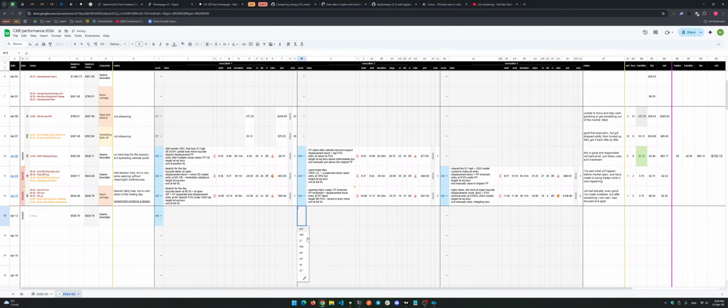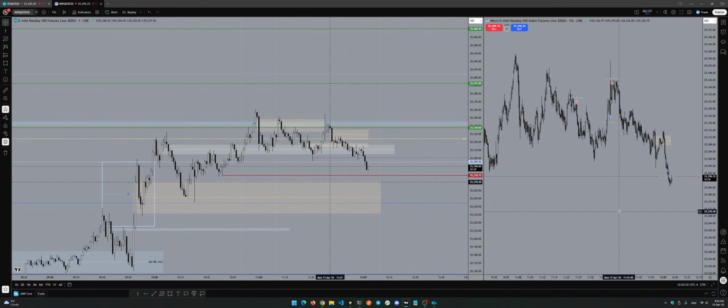We have traded in the AM session shorts. Two trades, one micro contract. The first one was this, and it wasn't bad. I just didn't take profit after it raided this low.